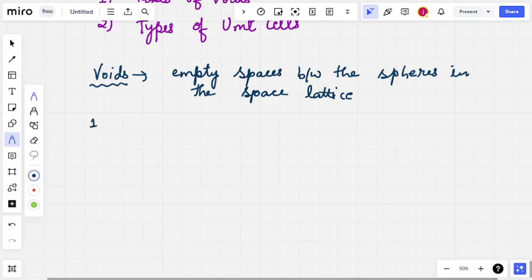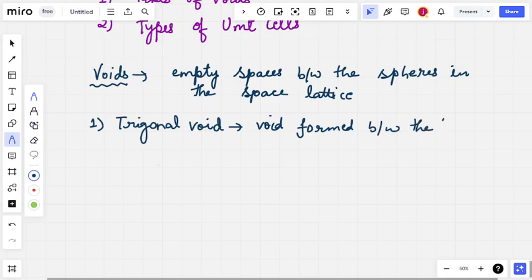Now the first kind of void that we are going to see is the trigonal void, or triangular void. It is a void formed between three spheres.